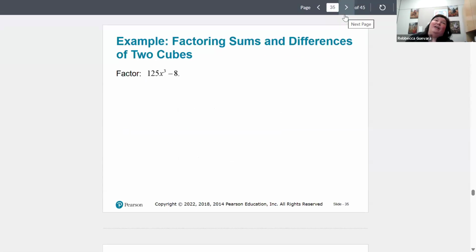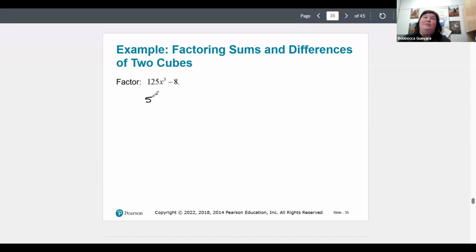So if I have 125x cubed minus 8, 125 is just 5 cubed, and 8 is just 2 cubed. And once again, because it's the same power, cube, that's just 5x cubed minus 2 cubed.